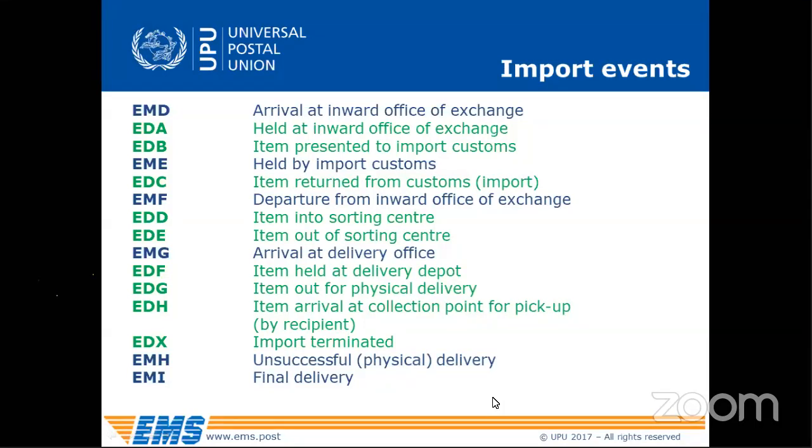Okay. Now you can see the final event is event I. Now, why do you need to perform this event? The major reason we need to perform this event, not only performing the event, you have to perform it timely, because it will earn us some bonus from UPU.